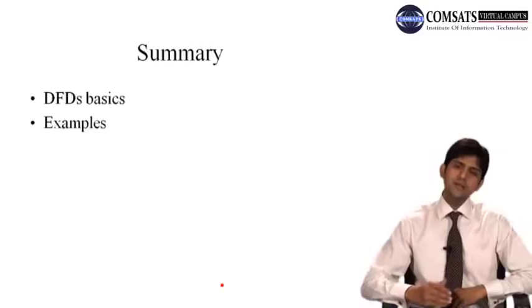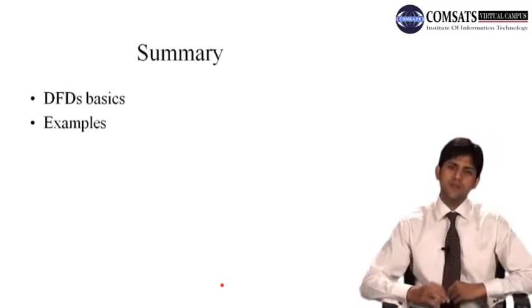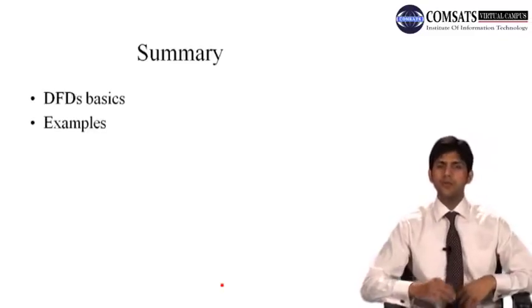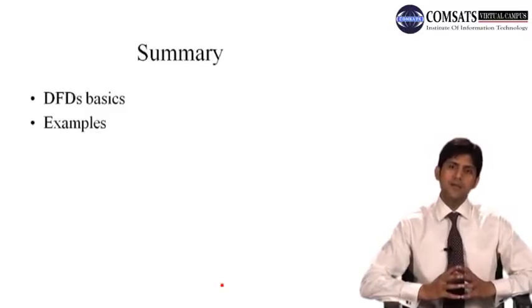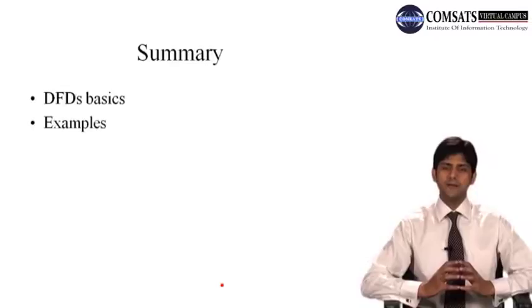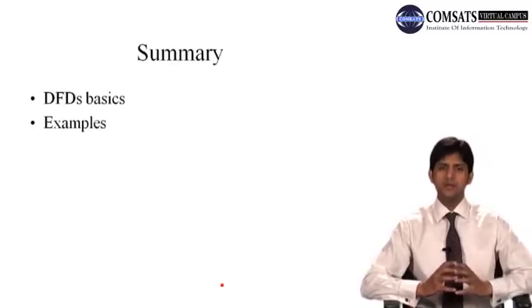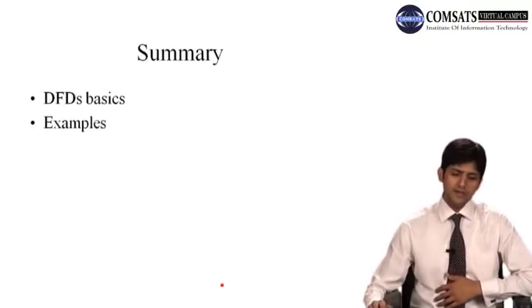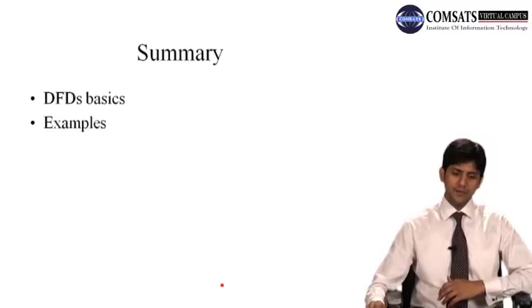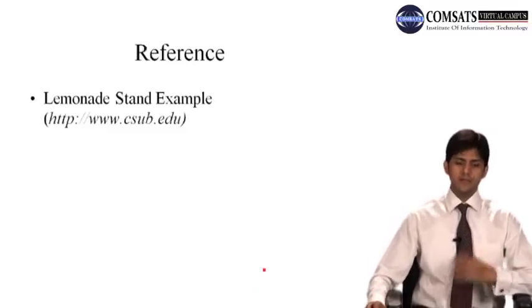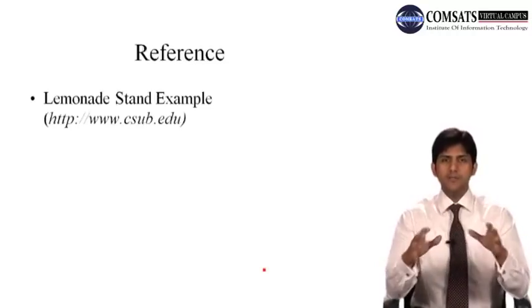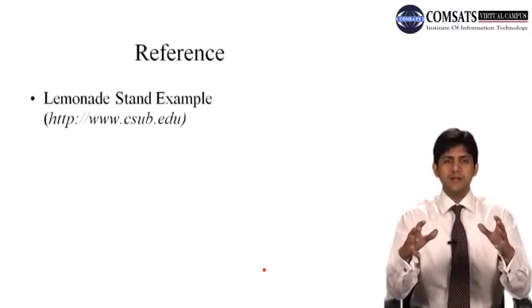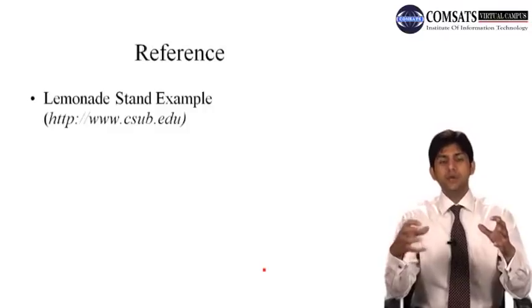In today's lecture in particular we have seen different examples. We've gone through the first 3 examples in a lot of detail. The 4th example I have already given you the reference, and in the last slide you can find the reference of that laminate stand example, but do not be confused with that particular example because you saw that they have used slightly different notation.